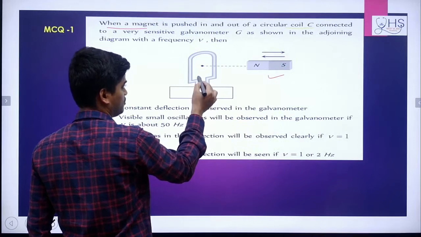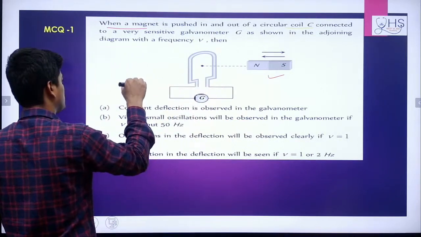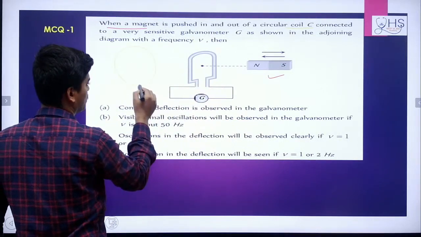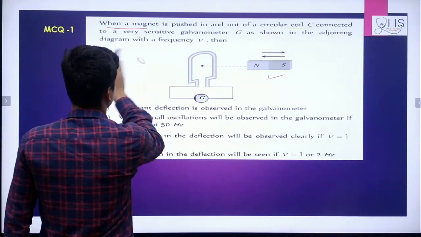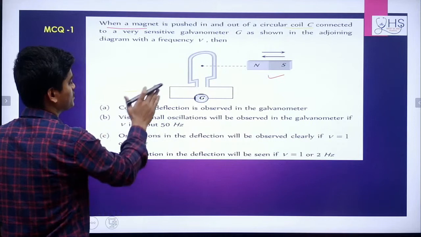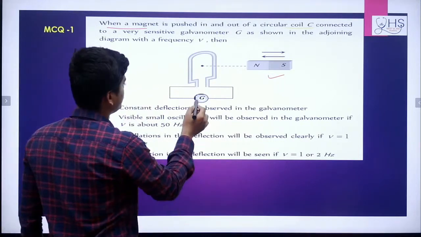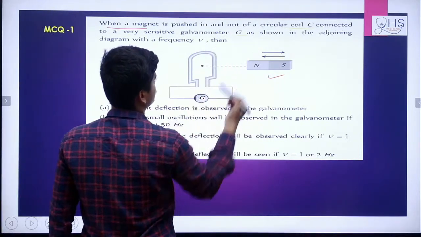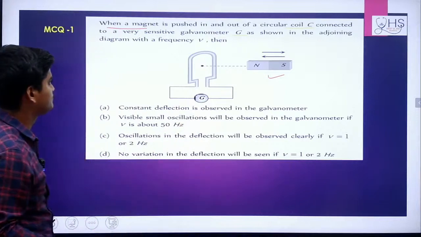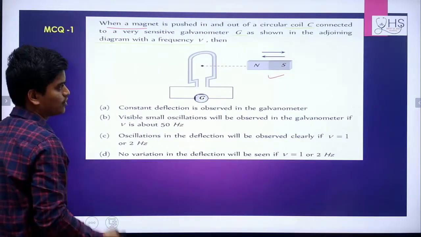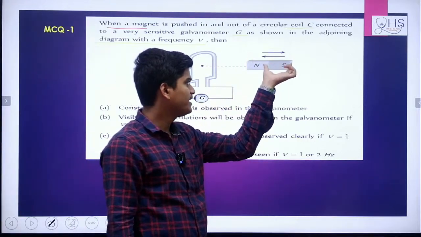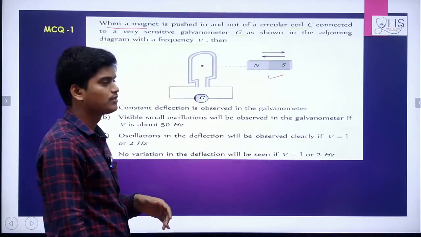Actually this coil is not looking that circular, but you can understand it as a circular coil. There is some connection, and it is connected to a galvanometer as shown in the figure. The magnet is moved with a frequency nu.